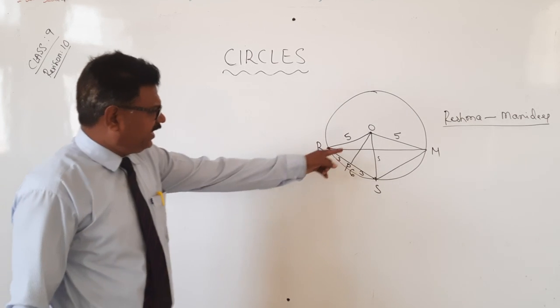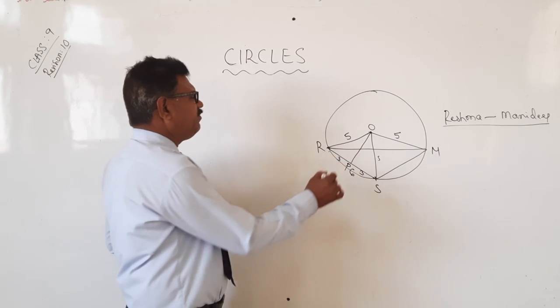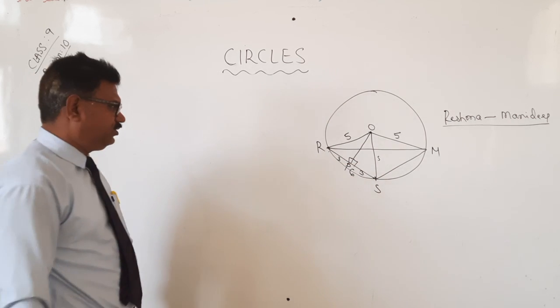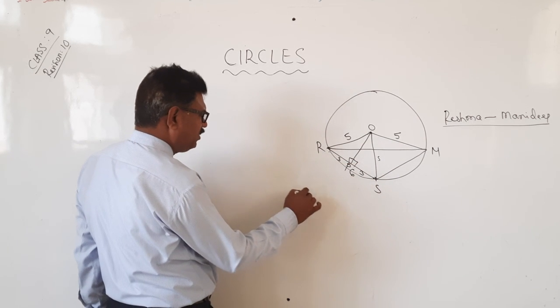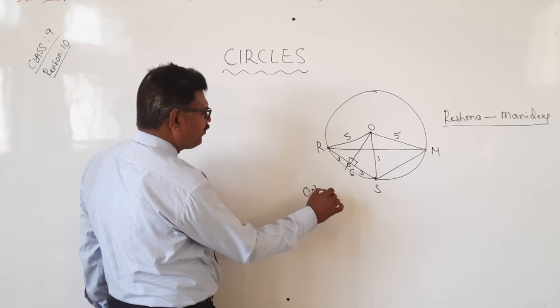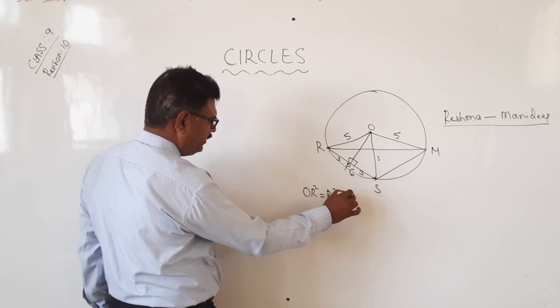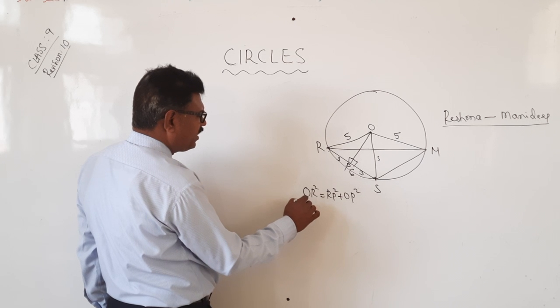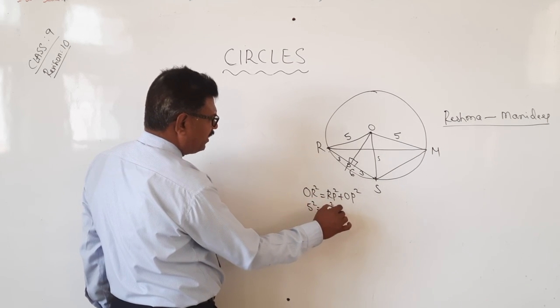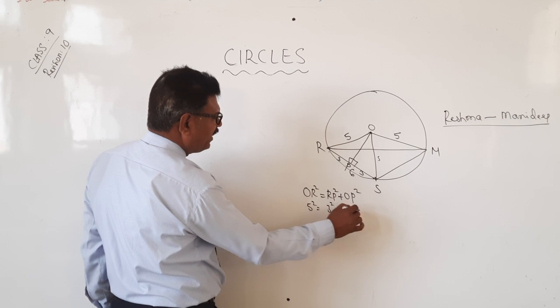Now we will find out the altitude by applying Pythagoras theorem. So altitude, how to find out? OR square is equal to RT square plus OP square. OR square is 5 square, equal to 3 square plus OP square.